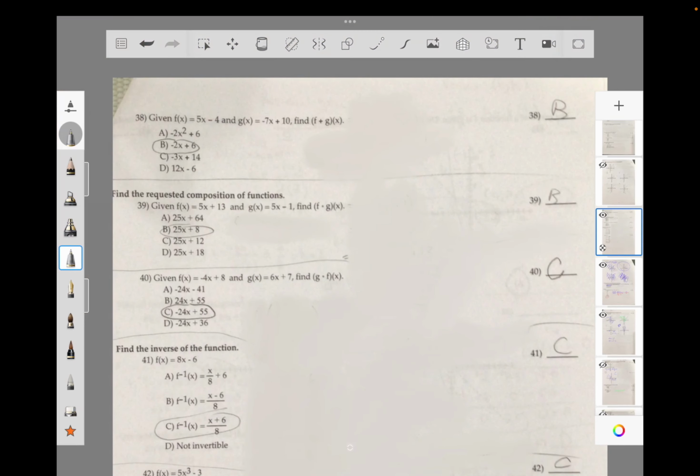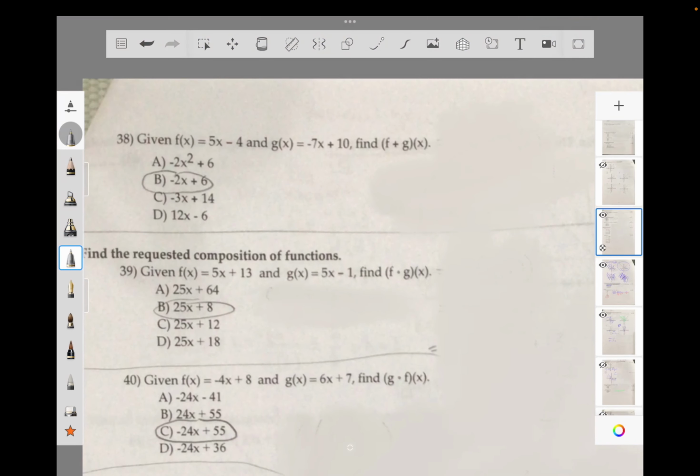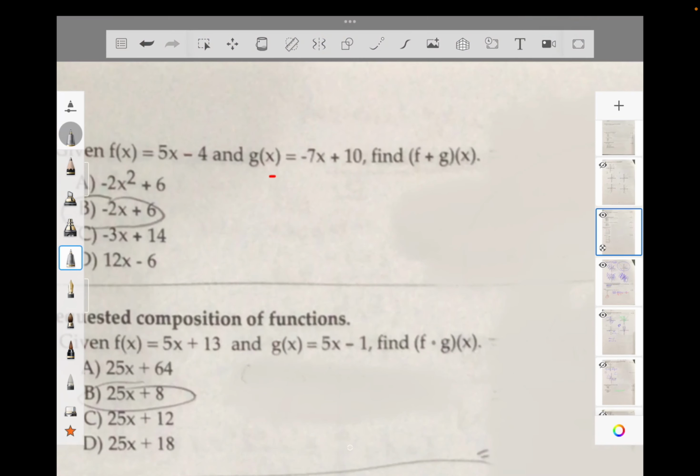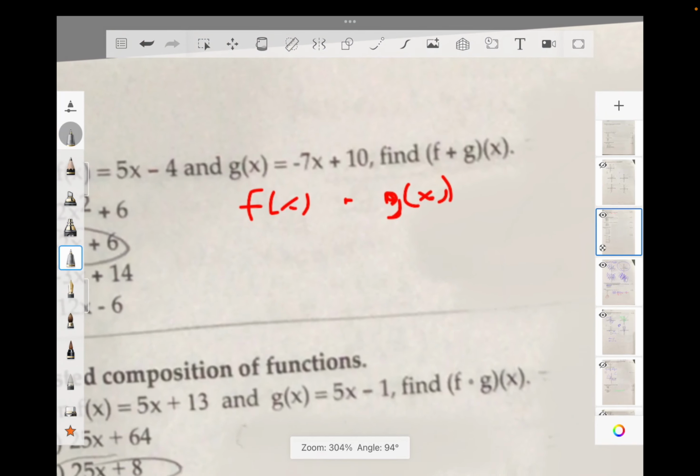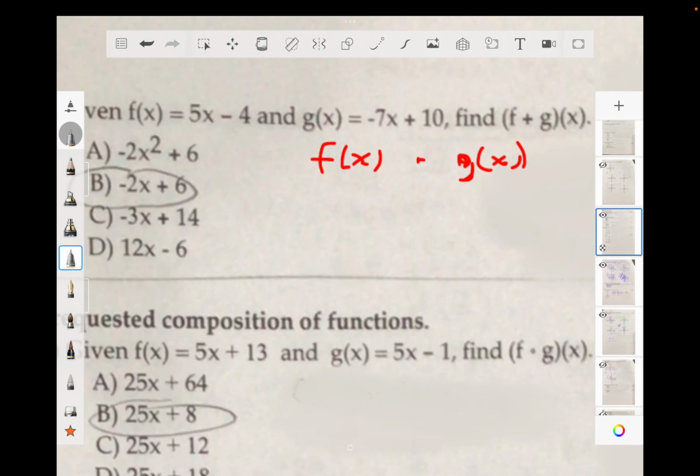Given f of x equals 5x minus 4, g of x equals negative 7x plus 10, find f of x plus g of x. So again, it's just saying f of x plus g of x. You're not plugging anything in, you're just combining like terms.